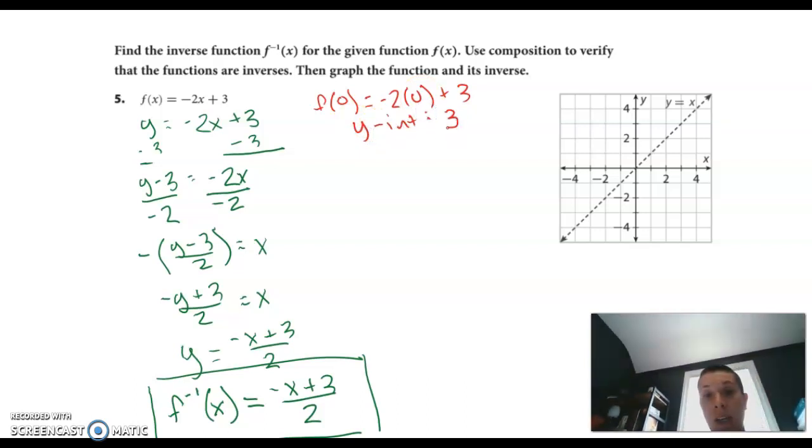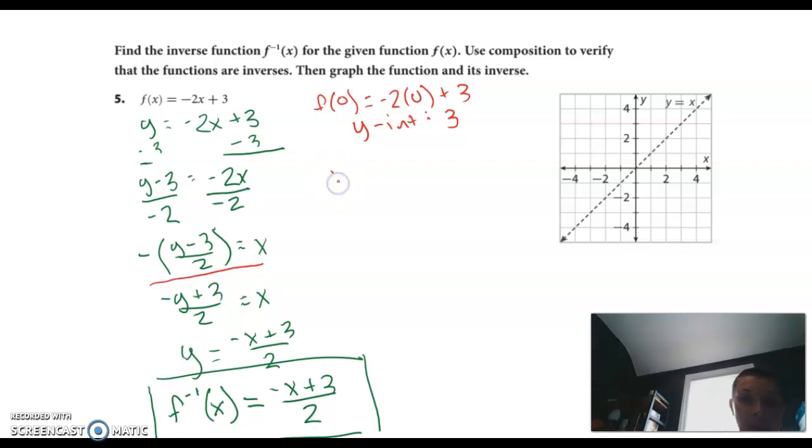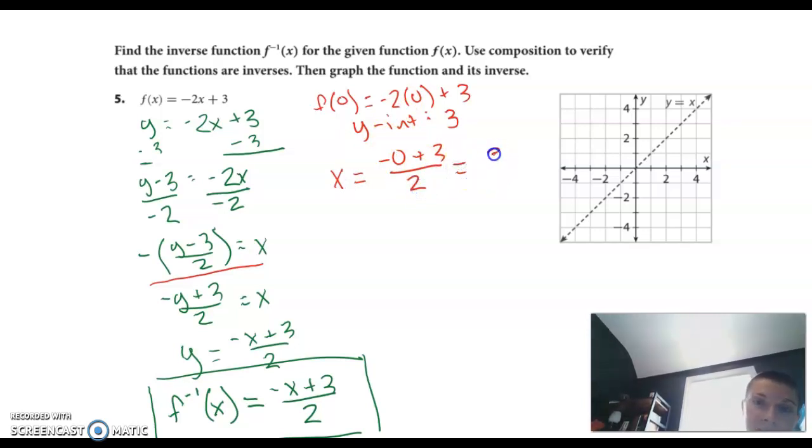Now, to find our x-intercept, we're simply going to set y equal to 0. And luckily, we already have this function in terms of x, which makes this a little easier for us. So we're going to have x equals negative 0 plus 3 over 2, or the x-intercept equals 3/2.